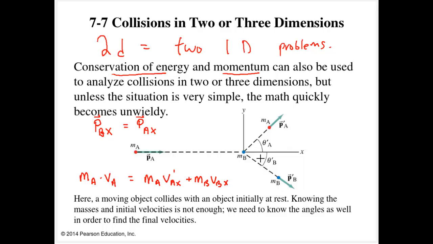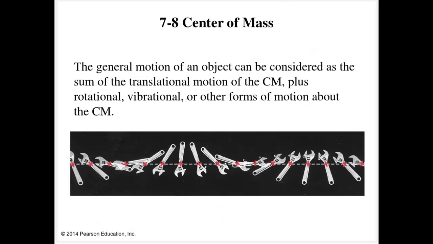I know what these relationships would be because I know these angles theta A and theta B. I am very good at breaking vectors up into components. So we would do the same thing for the y direction, and the math would quickly become unwieldy. However, it's very easy to formulate these problems.